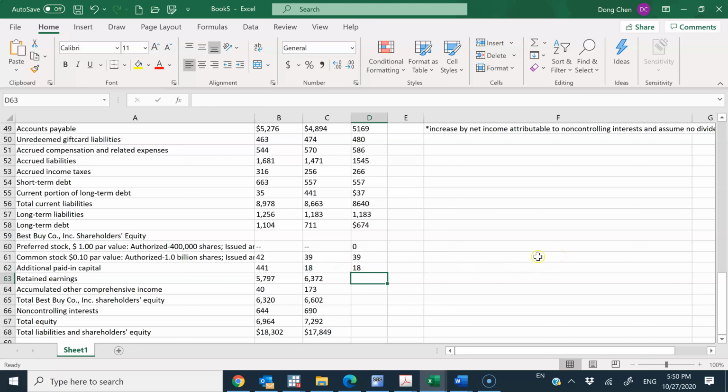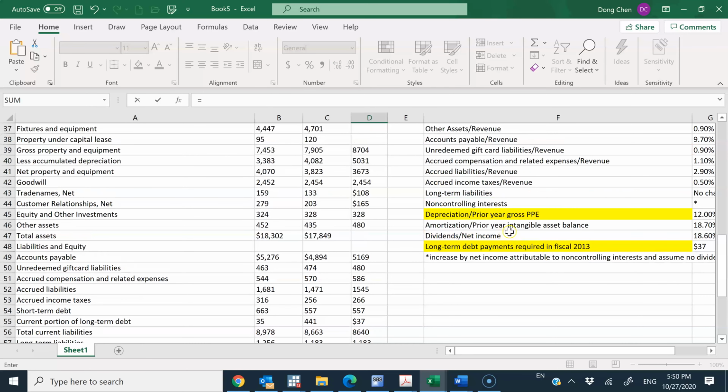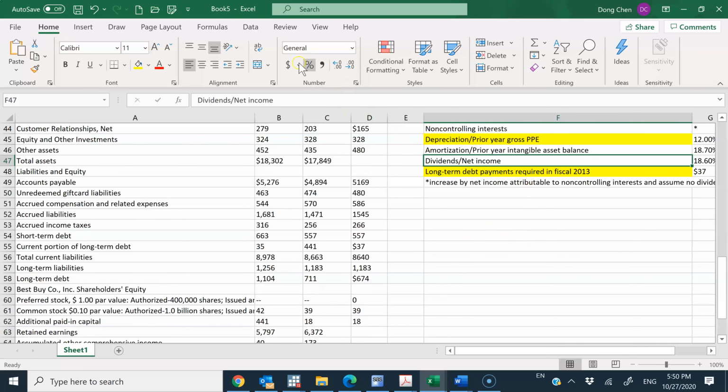And the retained earnings here, we need to be super careful because we can't find information about that on this assumption table, but again, we need to realize there is a relationship between next period retained earnings, this period retained earnings, and the addition to retained earnings. Addition to retained earnings basically is net income minus the dividend. That's why you can see that the dividend information is provided, which I will also highlight in yellow.